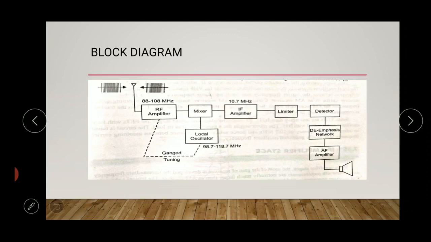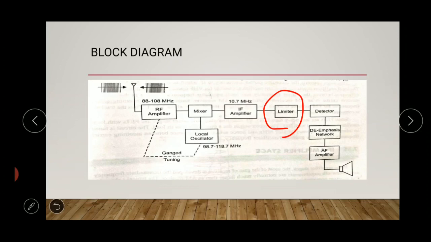The output of the IF amplifier is applied to the limiter circuit. The limiter removes the noise in the received signal and gives a constant amplitude signal. This is very important in FM receivers because amplitude variation in the received signal will result in unfaithful reproduction of the audio signals.